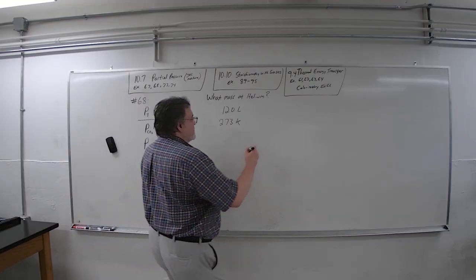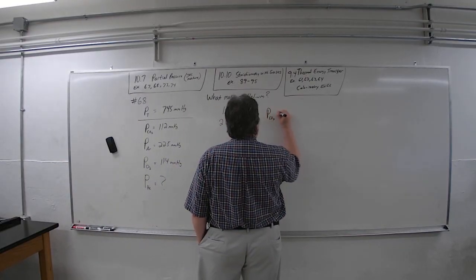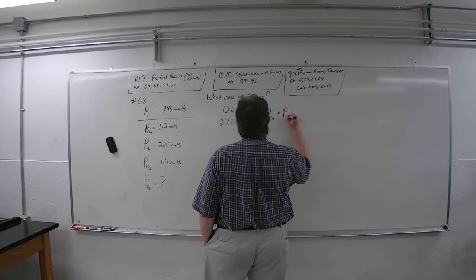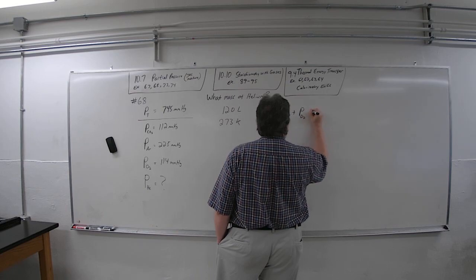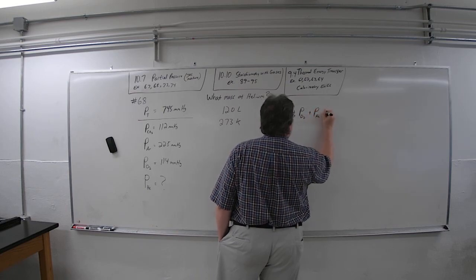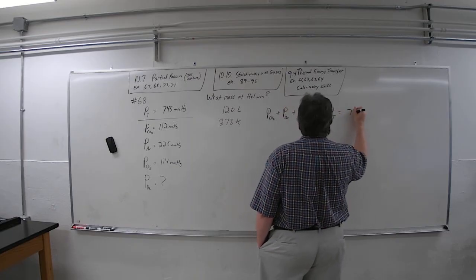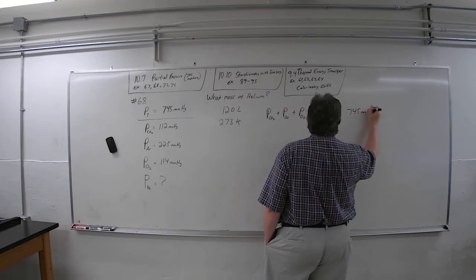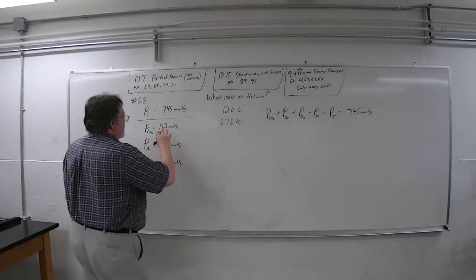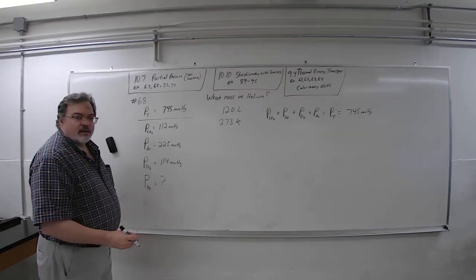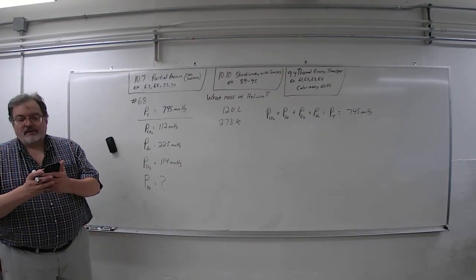To be a little more explicit, pressure coming from the CO2, plus the pressure coming from the argon, plus the pressure coming from the O2, plus the pressure coming from helium equals the total pressure, which is 745. So all you have to do is subtract all of these from here, whatever's left, that's the helium. Simple, right? You guys get that?